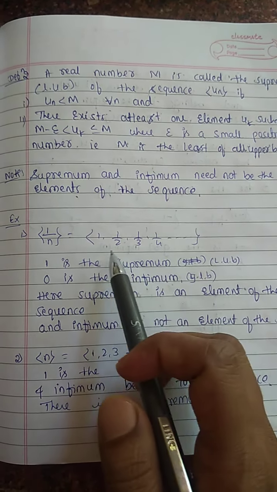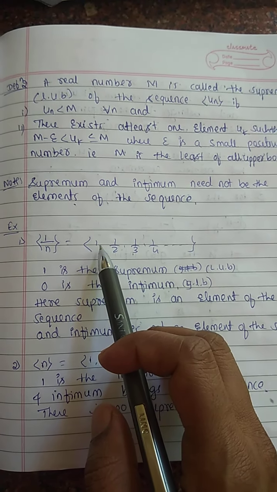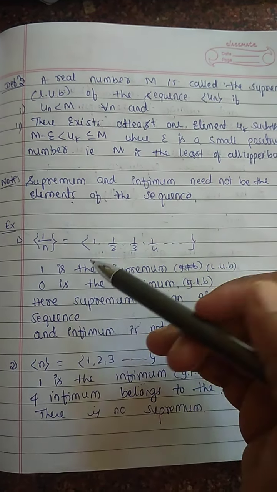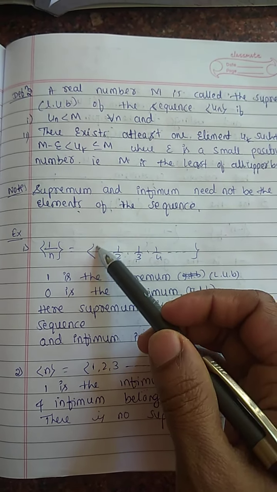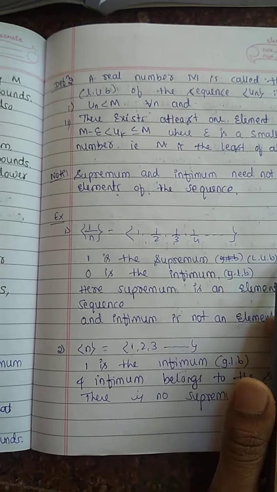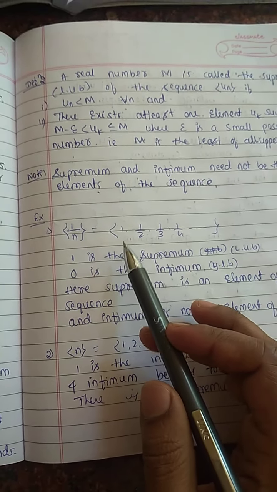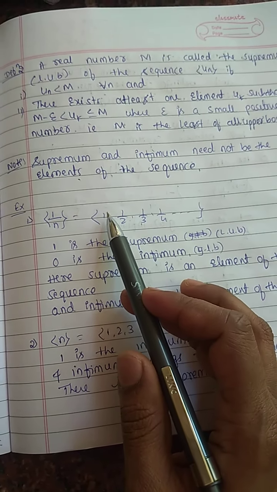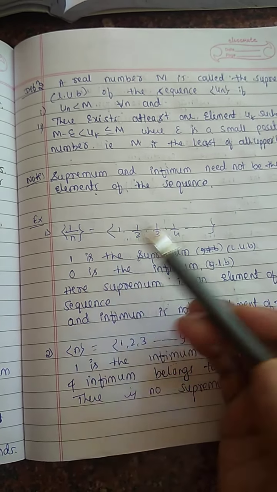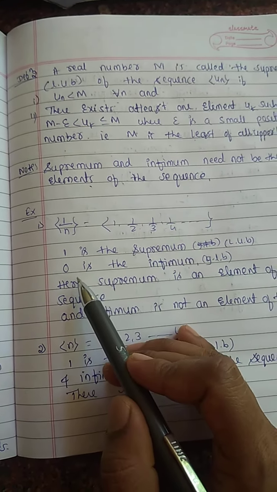All the elements are less than 1, so 1 is an upper bound, and all the numbers greater than 1 are also upper bounds, but 1 is the least upper bound, that is the supremum.